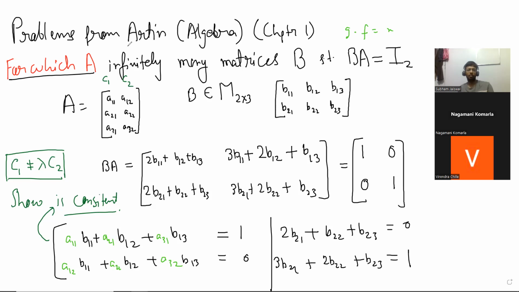So if we consider the line segments in R3, or the lines made by these, since we have C1 not equal to lambda C2, we get that they're not parallel or anti-parallel. So they must intersect at a point. So they have a unique solution.